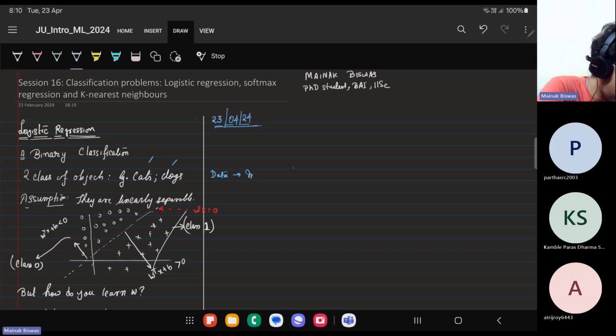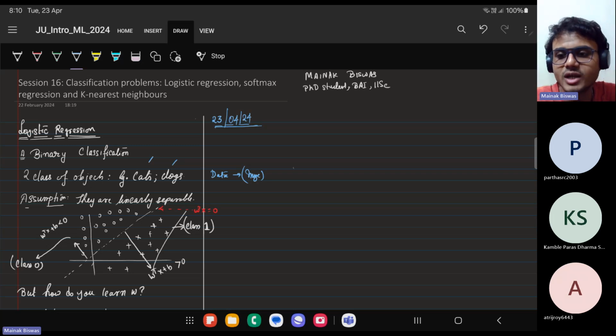The humans would be able to look at the image and tell whether it is a cat or a dog. Similarly, we want the machine learning model to also say it is a cat or a dog, depending on the image that is shown to it. So whenever you show the image of a dog, the model should tell me that it's a dog that is being shown, and similarly for cats.